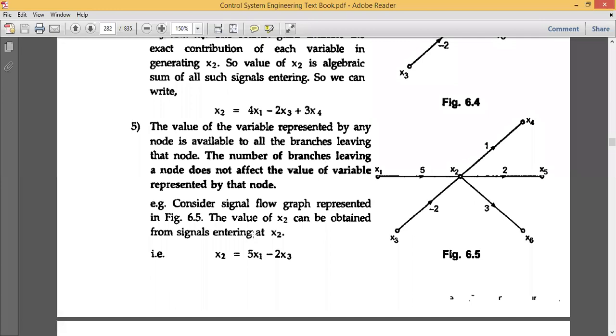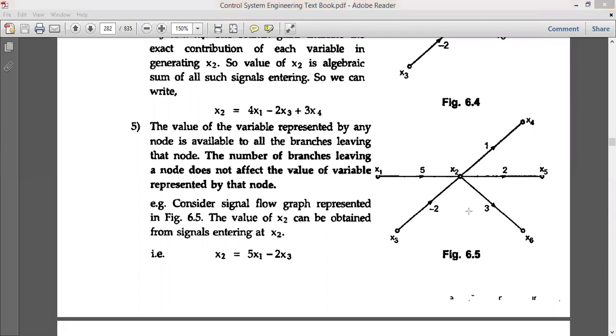Let us take an example, that is x2. What is x2? x2 is equal to 5 multiplied by x1 minus 2x3. You can see there is a difference between x1, x3 and x4, x5, x6.